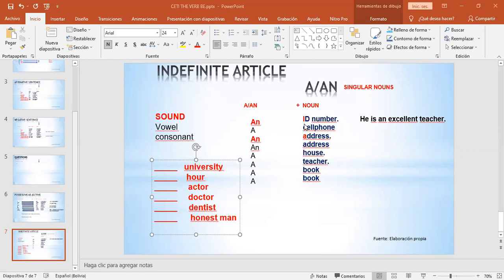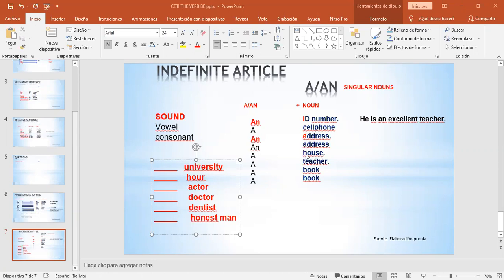So here we have ID, an ID number. Cell phone, a cell phone. So this is a consonant sound. Address, an address. It's a vowel sound. House, a house.